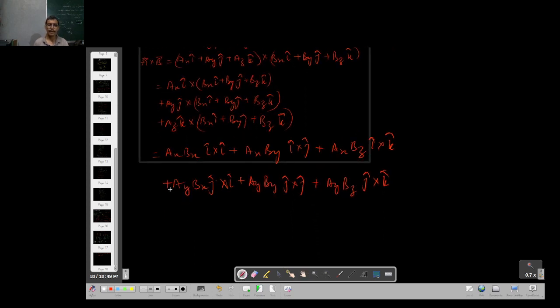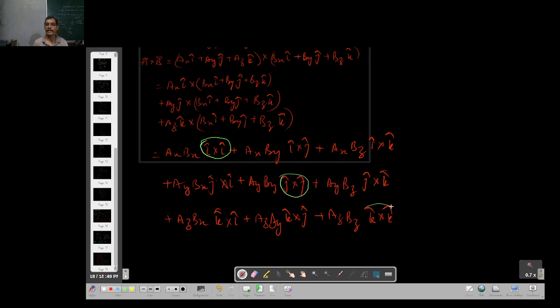Now here it is plus az bx, k cross i, plus az by, k cross j, plus az bz, k cross k. So let me recall a few results. i cross i will be 0, j cross j also 0, and k cross k also 0.